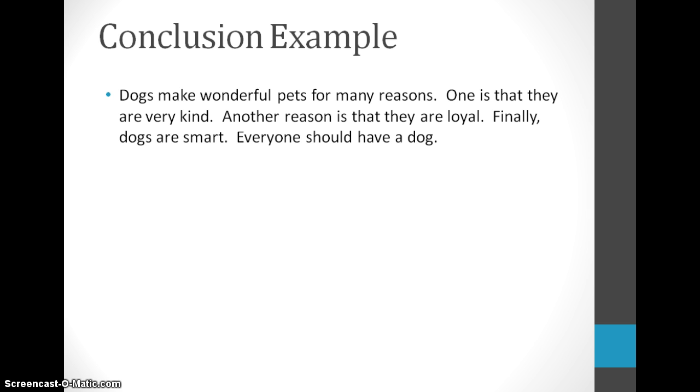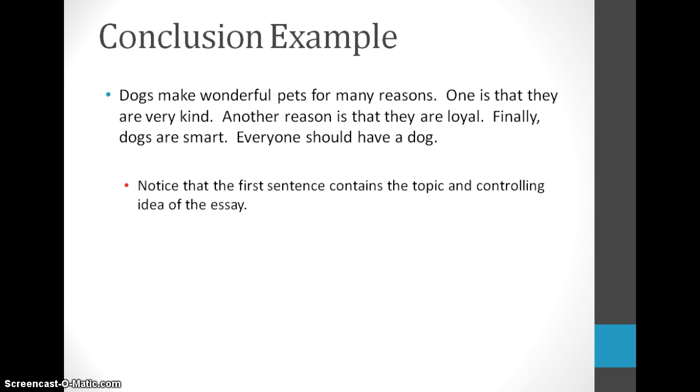To close this PowerPoint up, here's a conclusion example. Dogs make wonderful pets for many reasons. One is that they are very kind. Another reason is that they are loyal. Finally, dogs are smart. Everyone should have a dog. Notice that the first sentence is made up of the topic and controlling idea of the essay. The word dogs is mentioned as well as the main idea that they make wonderful pets.